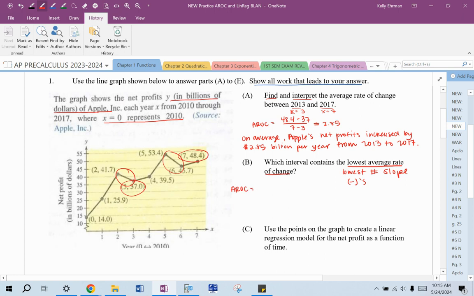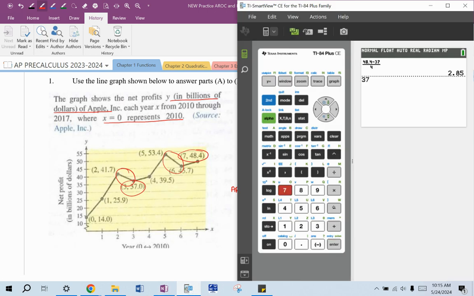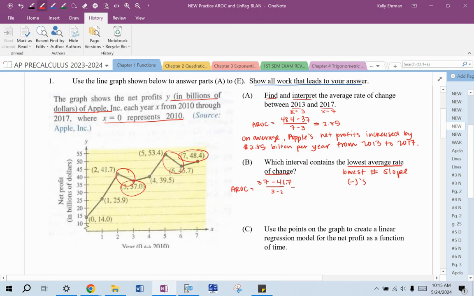So from 2 to 3, we've got 37 minus 41.7 over 3 minus 2. So 37 minus 41.7, negative 4.7, divided by 1. And then the other AROC is 45.7 minus 53.4 over 6 minus 5.